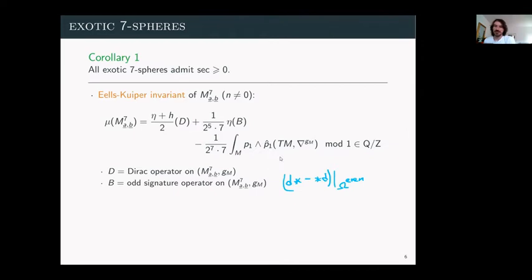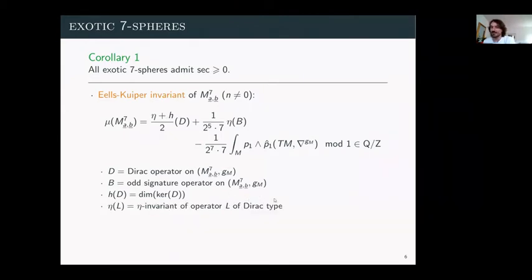Okay, so H here, this is the dimension of the kernel of the Dirac operator. And the eta is the usual eta invariant of an operator of Dirac type. So you see it appears for both of the Dirac operators that we have. And I should say that the eta invariant is the defect in the Hepatoid index theorem due to the fact that we have a boundary.